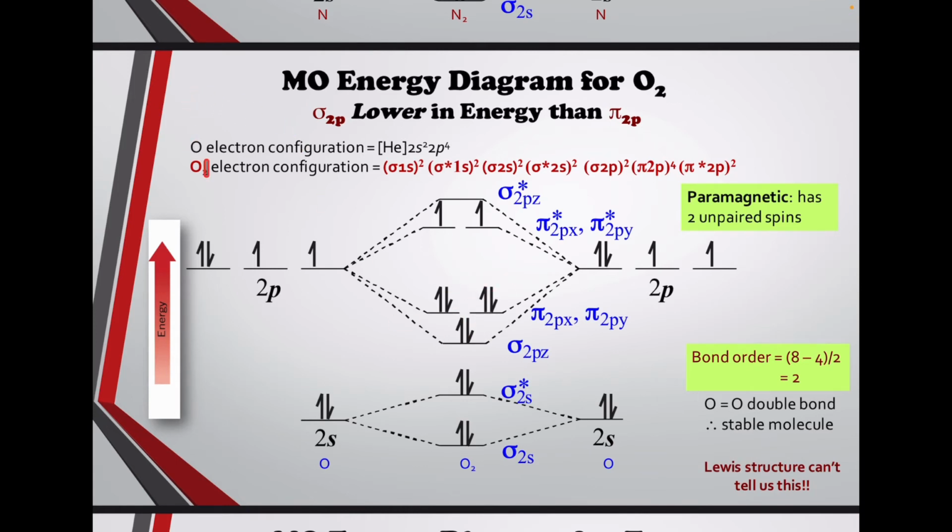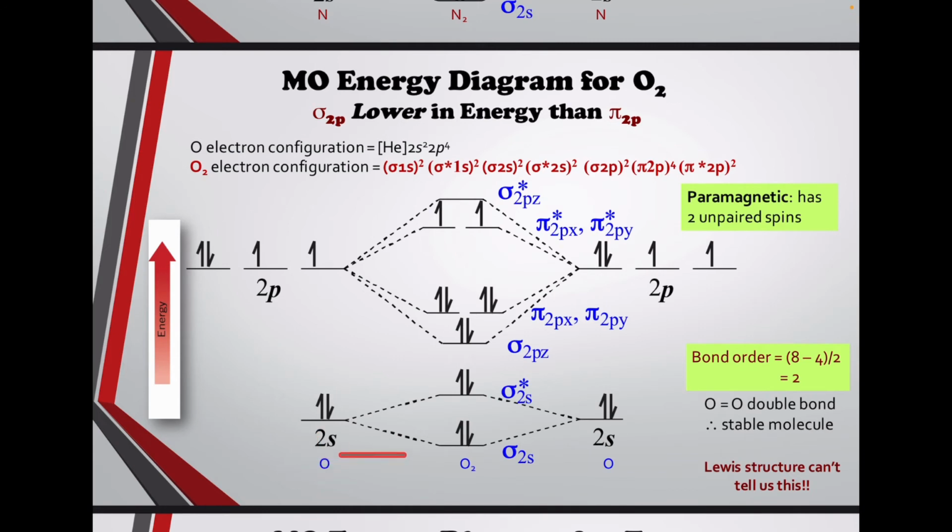First, write the electron configuration of oxygen, which is 1s2, 2s2, and 2p4. And then draw the molecular orbital for O2. So O2 here, meaning that the atomic orbital is oxygen plus oxygen.